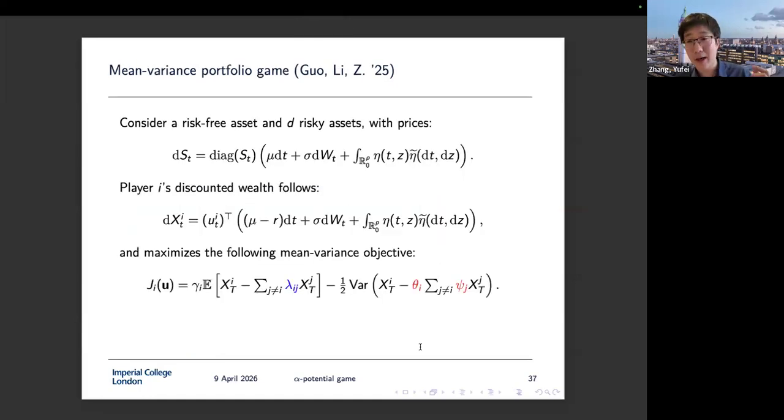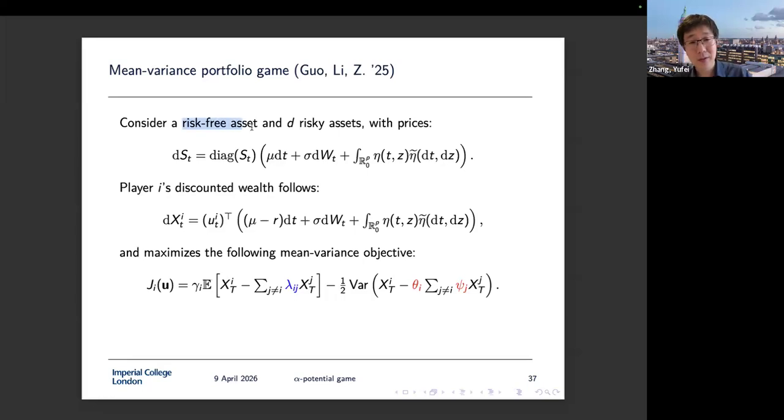And in principle, this framework can also be applied to more general games where you can have nonlinear dependence of the objective function on the law. We only studied this concrete case, which essentially appears in mean variance portfolio optimization. In this case, you can think about there are n players. They trade in a common financial market.